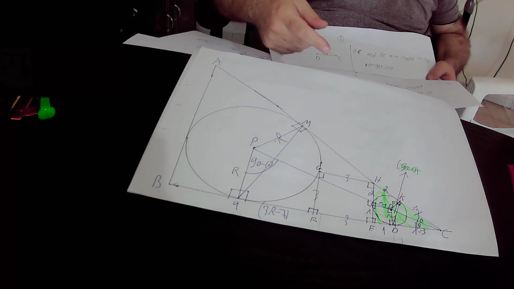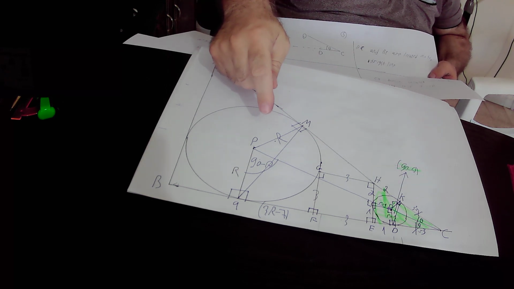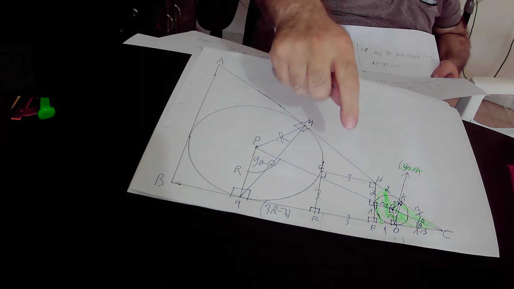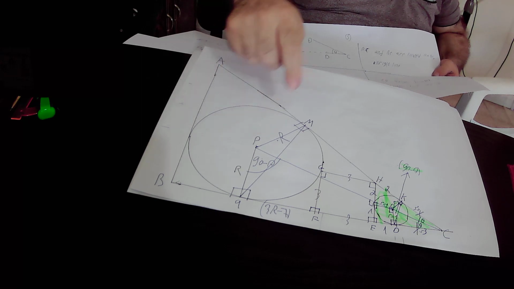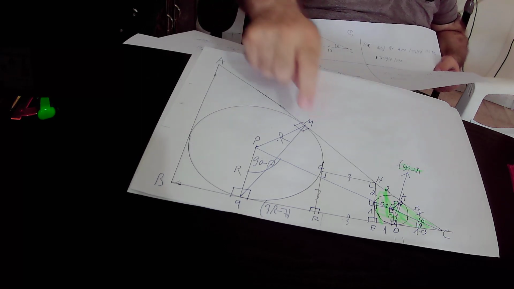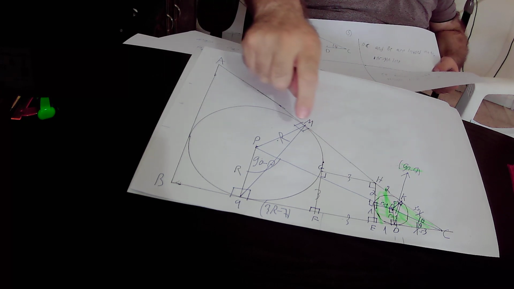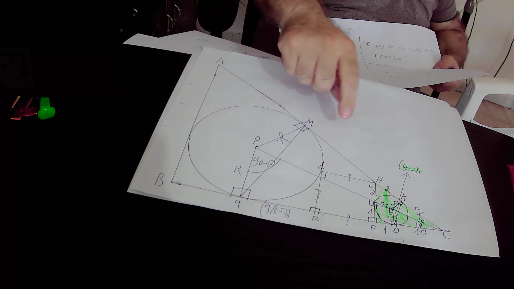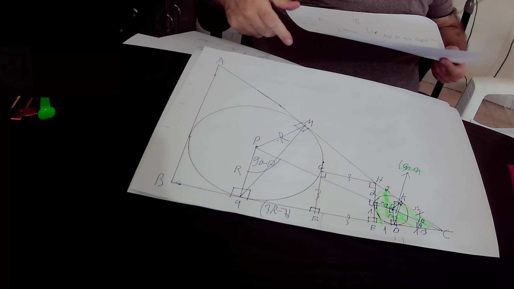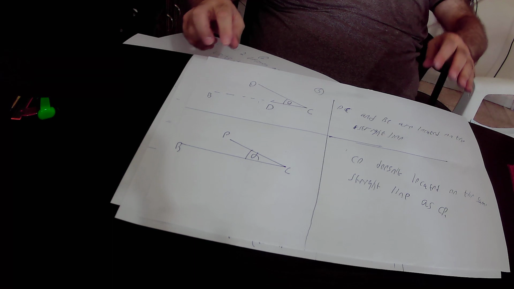So the second leg is not located on the same straight line in both angles.